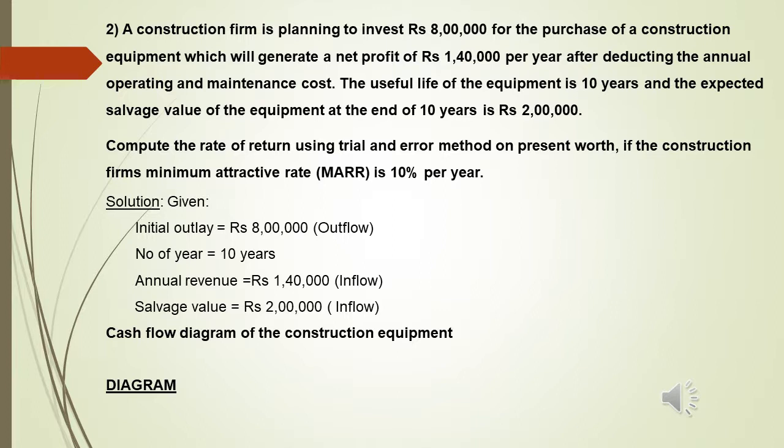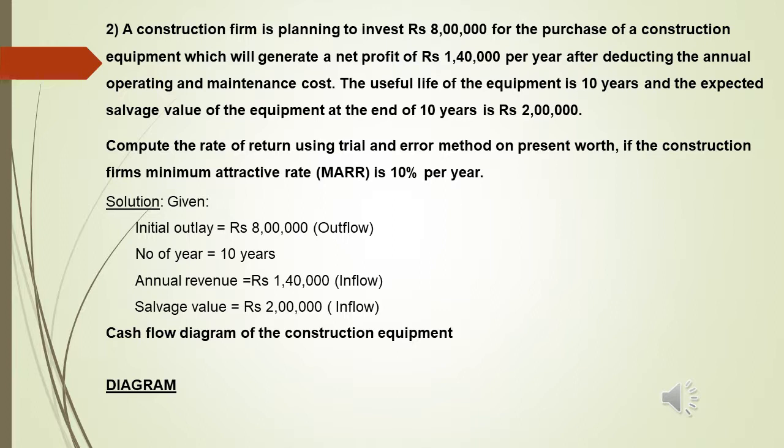So the value of P is 8 lakhs, which will generate a net profit of rupees 1,40,000 per year, after deducting the annual operating and maintenance cost. The useful life of the equipment is 10 years, so N will be 10 years, and the expected salvage value of the equipment at the end of 10 years will be rupees 2 lakh.